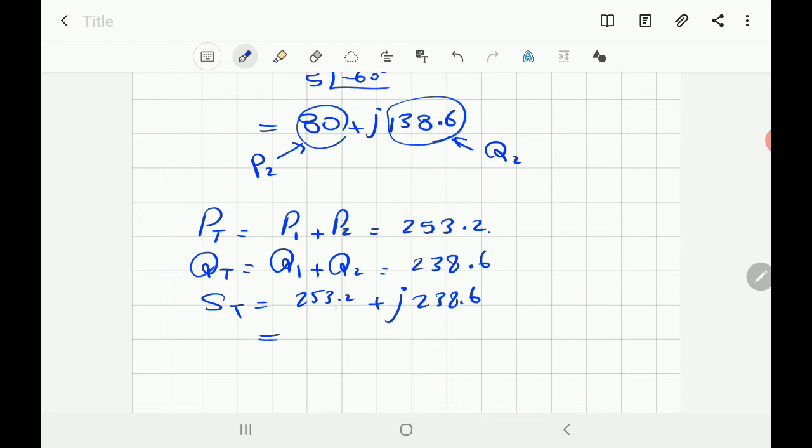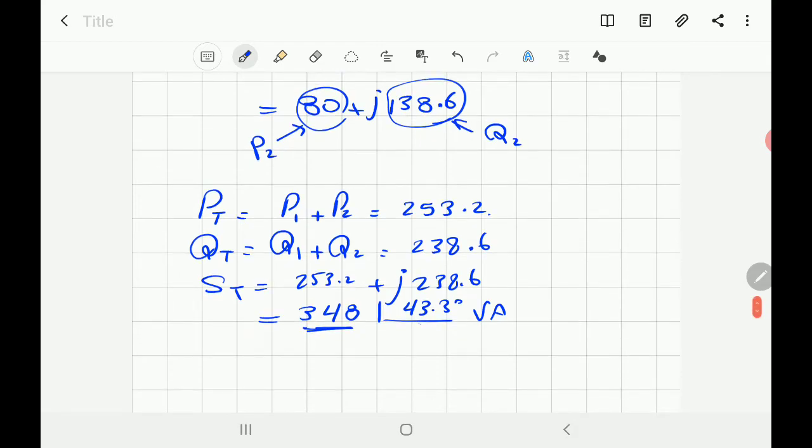You may convert it to polar form, which is equal to 348 on angle 43.3 VA. So that's the value of S, and that's the angle. You can get the power factor by finding the cosine of the angle 43.3, or you can divide P by S, 253.2 by 348, and you get the power factor, which is equal to 0.728, and it's again lagging. Okay.